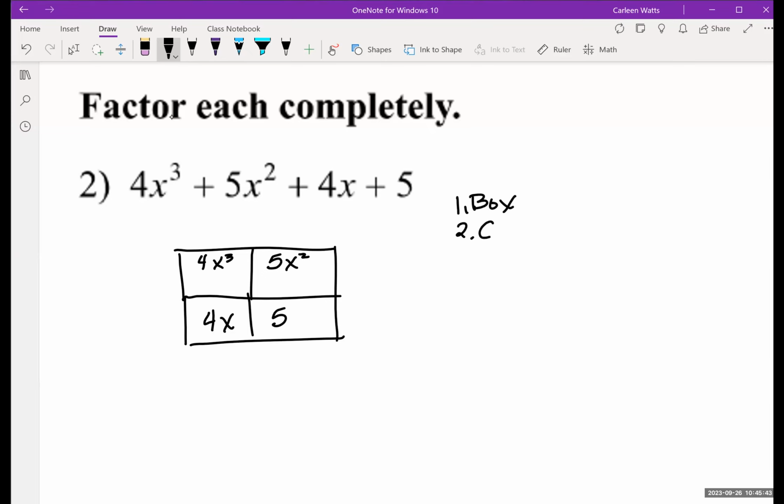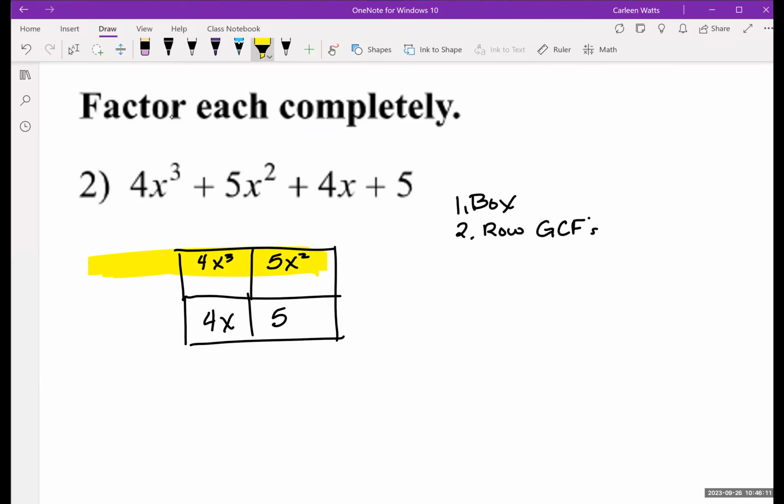Step 2, look for row GCF. Okay, so we're going to look for row GCFs. So we're going to look at these 2 terms.